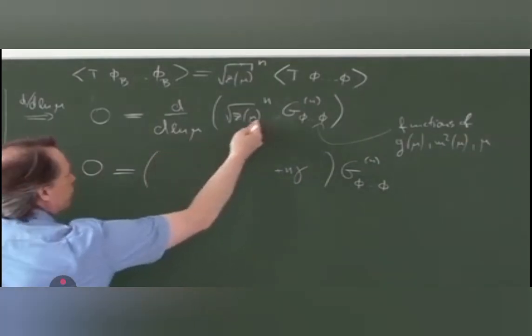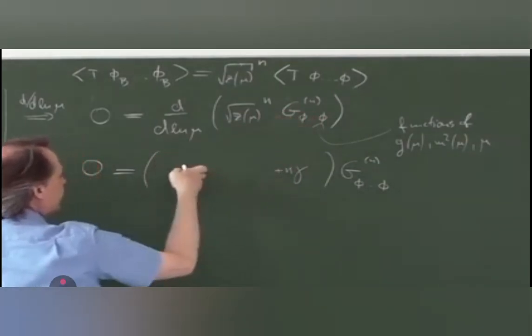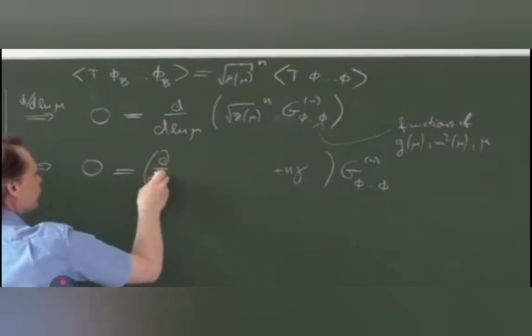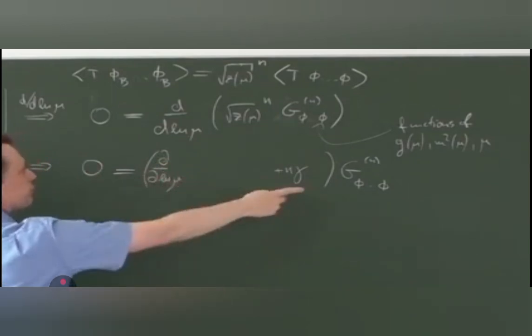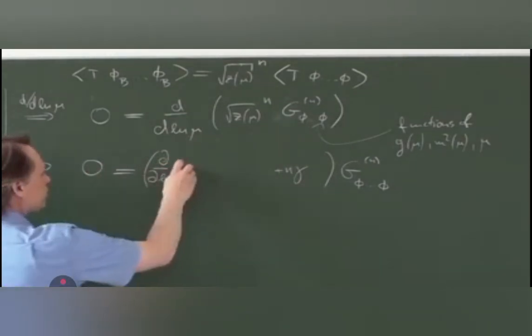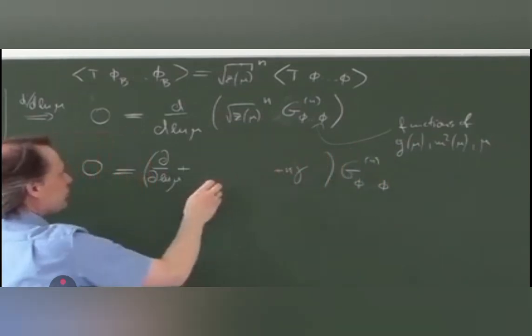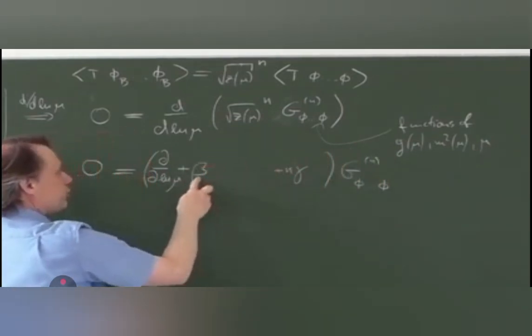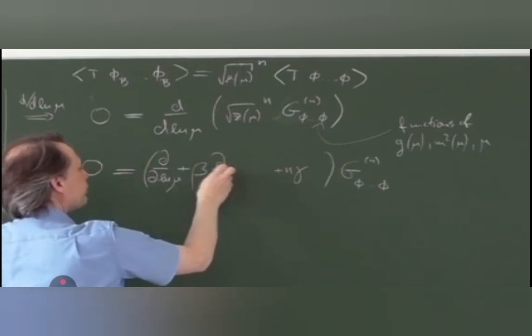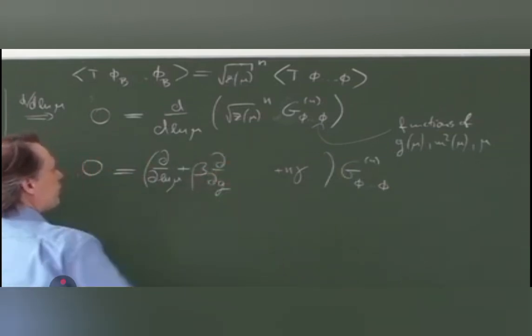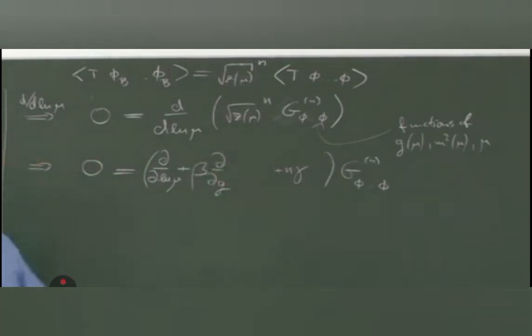Every other derivative acts on the green function, and first we get a partial derivative with respect to ln mu of the green function. Then we get plus the derivative of the green function with respect to the coupling times the inner derivative. The inner derivative is the beta function, so we get beta function times the partial derivative of the green function with respect to the coupling.